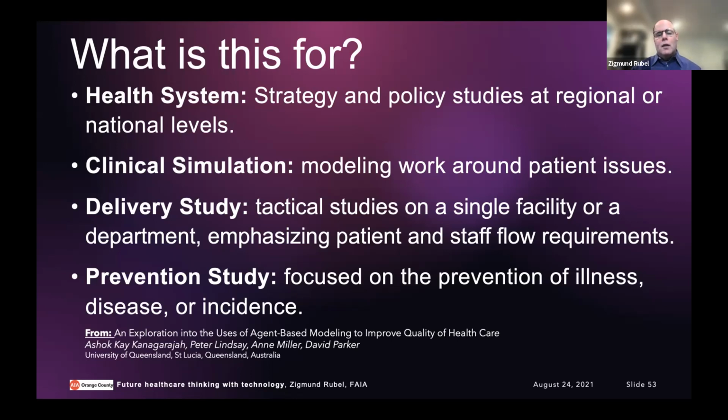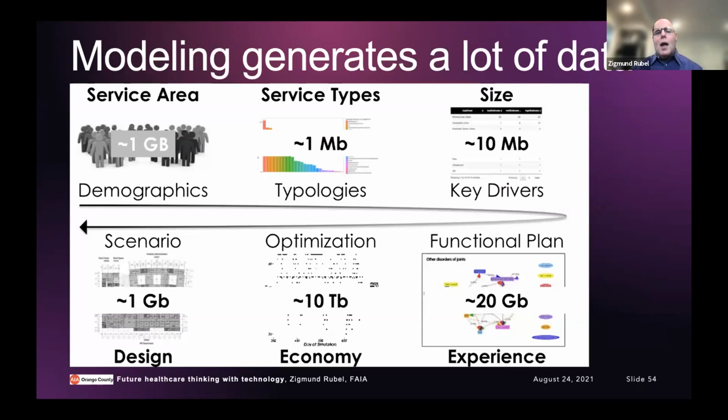So this was a good framework that I found in a white paper that I wanted to share. So I'm suggesting that you take data and model it, and it requires actually a lot of data. And the main message from this slide is that we all think of Revit models as being huge.